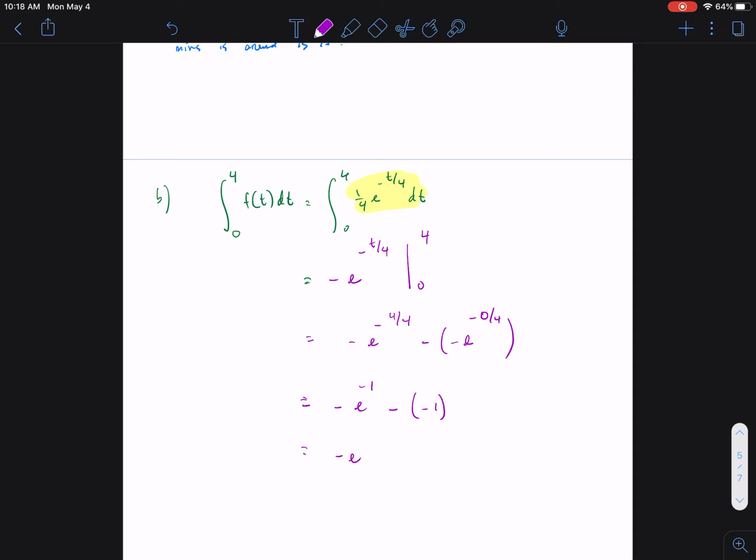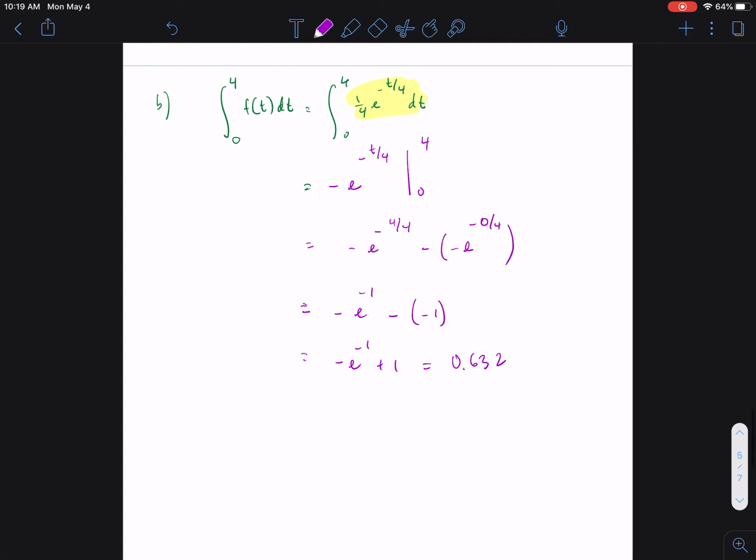So we have negative e to negative 1 plus 1, which is negative 1/e plus 1. So about 63%. So that's the answer for part B.